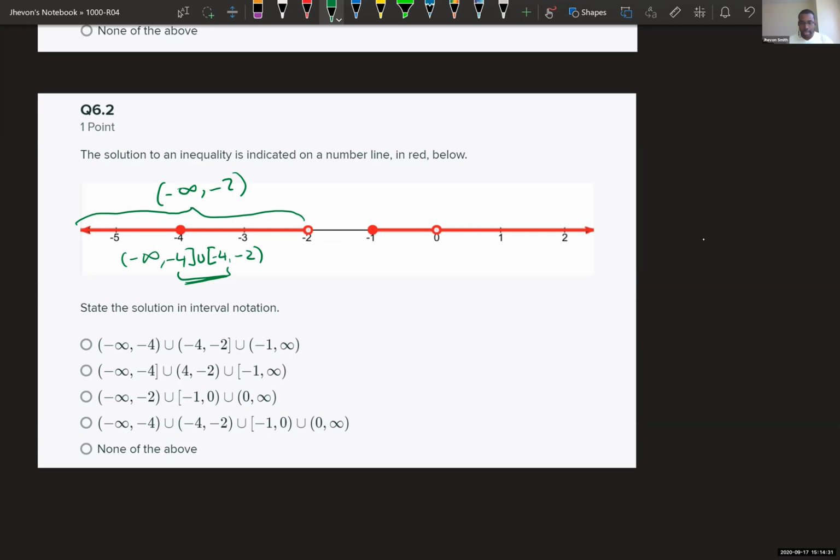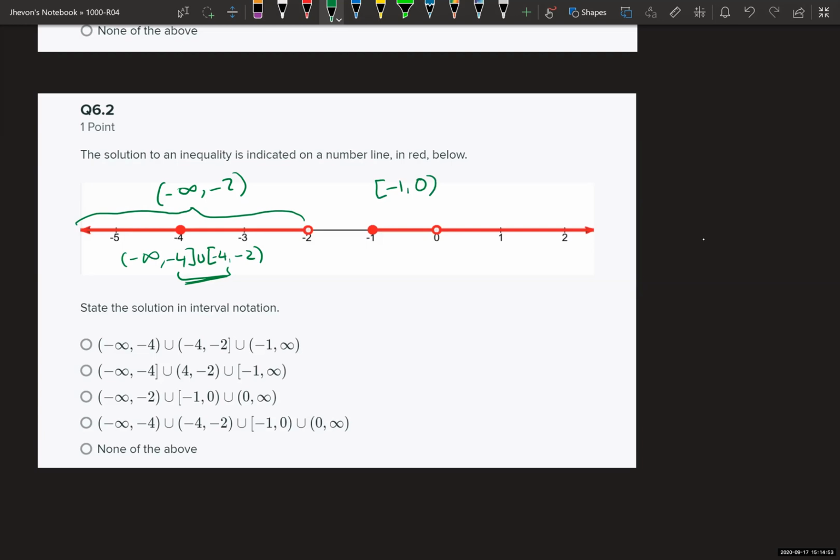Continuing to the other side. What is that going to look like? That's an open bracket, -1, comma, 0, close parentheses, because the 0 isn't included.